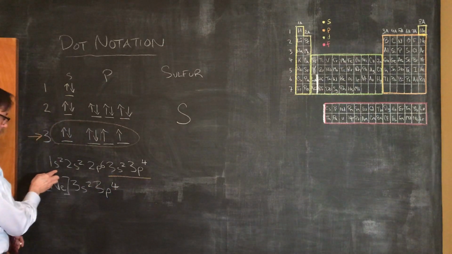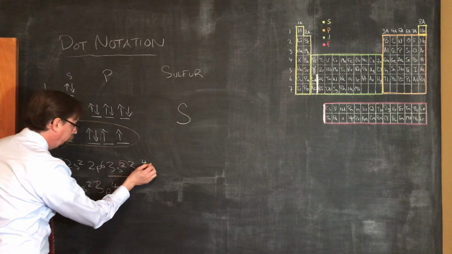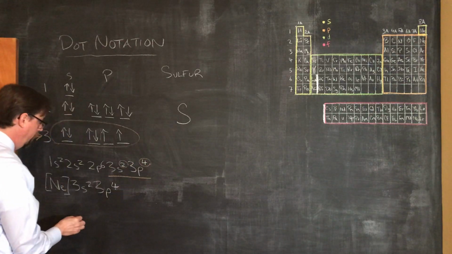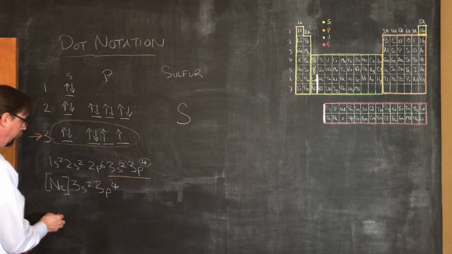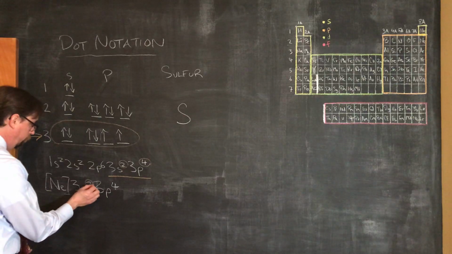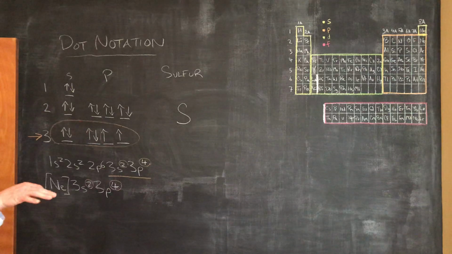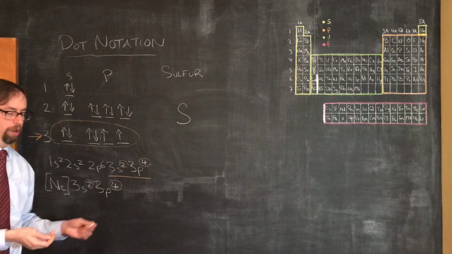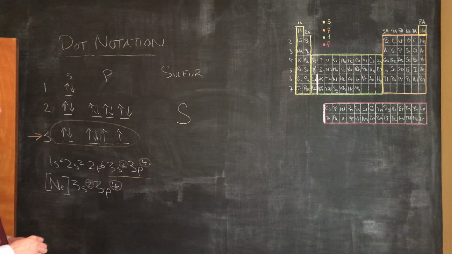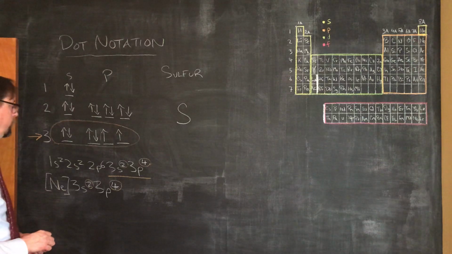These are all inner shell, and so it's just those electrons. Notice that the shorthand notation is only really showing us, in this case, the outer shell electrons. When we get to the D block, you might remember that wouldn't always be the case.